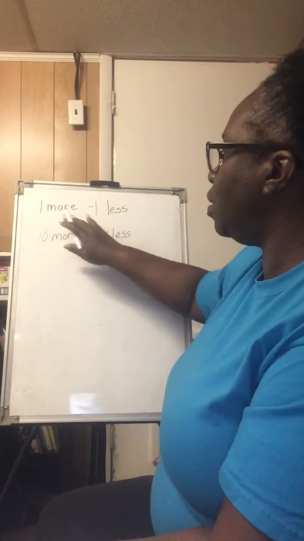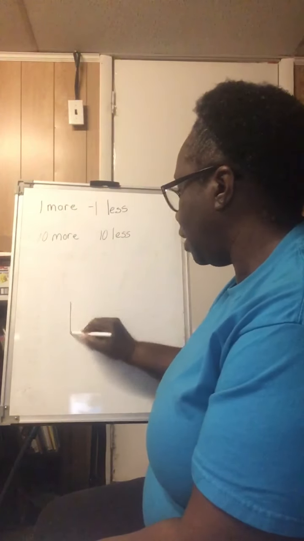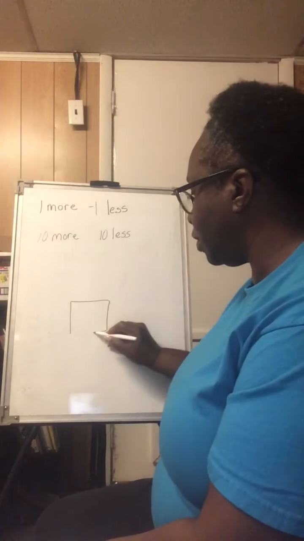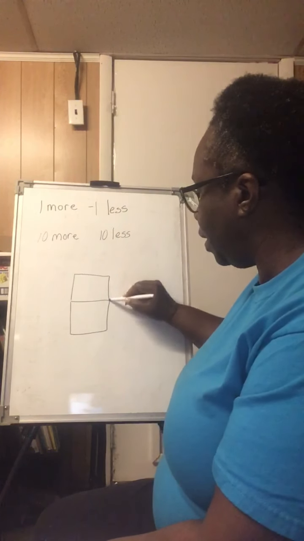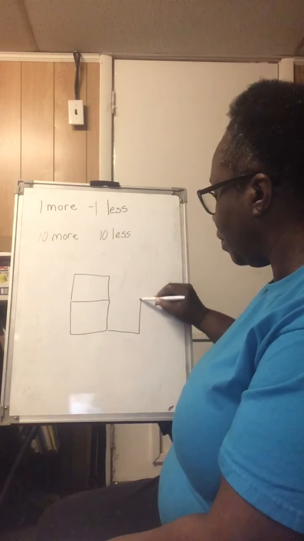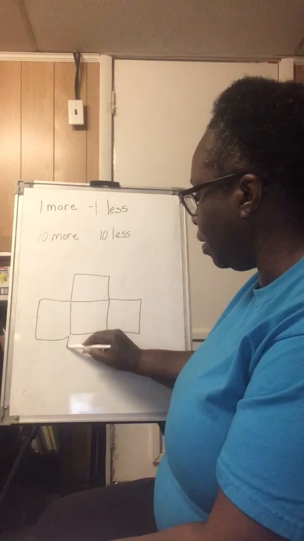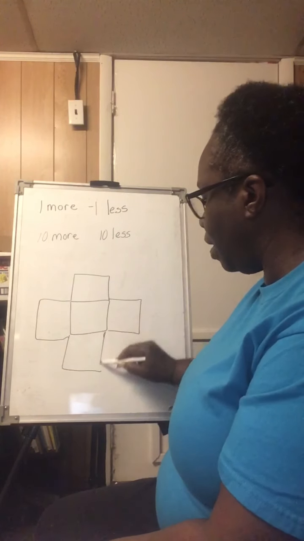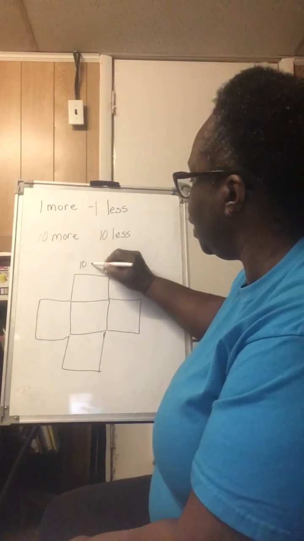So one more, one less, 10 more, 10 less. Okay, and we're going to have a square here, one here, one here, one here, and one here. Okay, and up here you have 10 less.